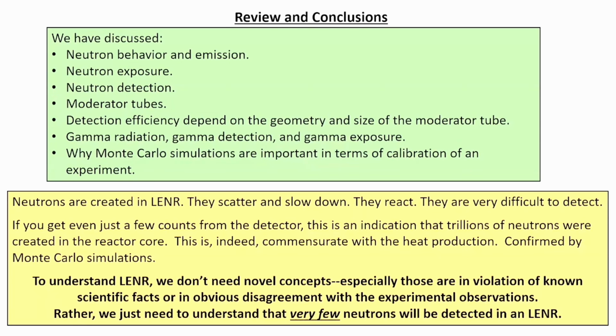To understand LENR, you don't need novel concepts, especially if they're in violation of known science. Rather, we just need to understand that very few neutrons are going to be detected in an LENR.